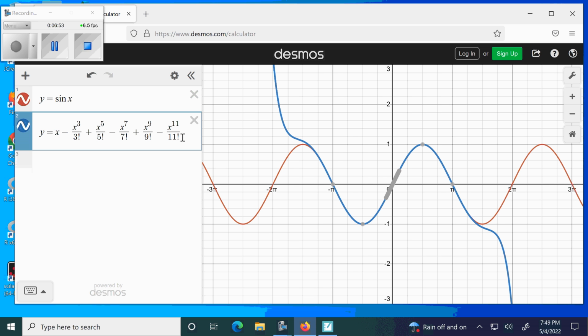So we can see that as we add more and more terms, we have a better and better approximation to what the graph of y is equal to sine x looks like.